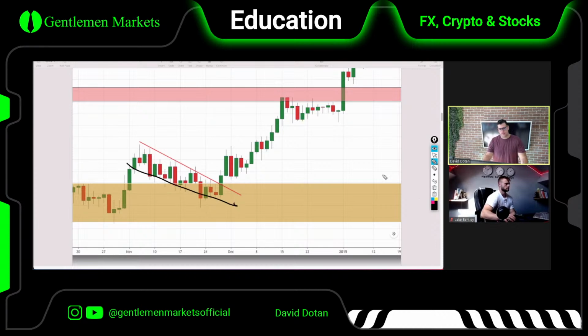But most importantly, there's a channel here, correct? So even though we're correct on the move to the upside, we have to identify that there could be a move to the downside, which would be a stop hunt in this case, before a continuation move, because it's respecting the lower level of that channel.